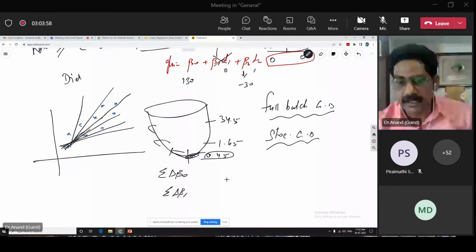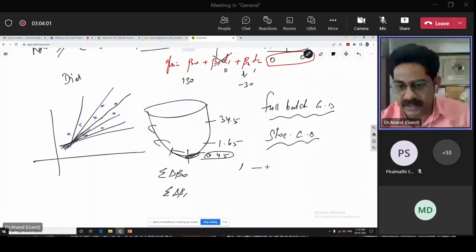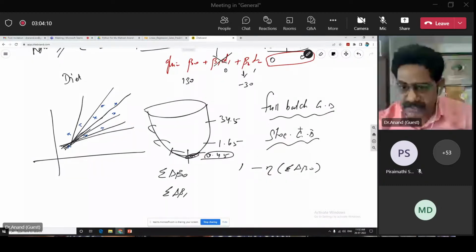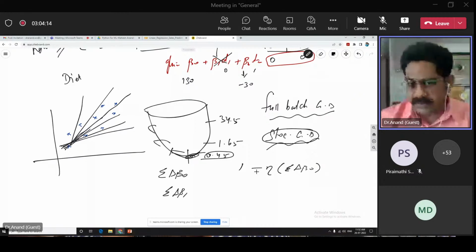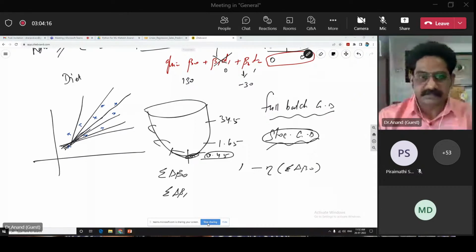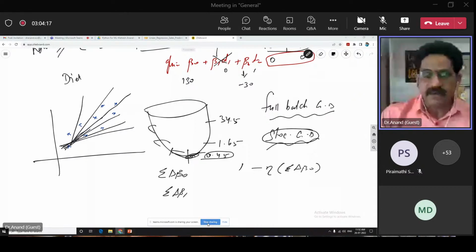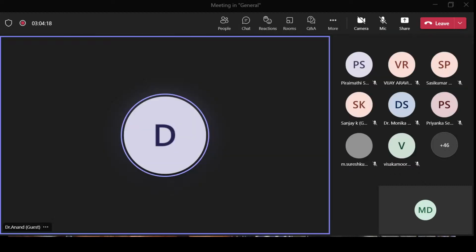My initial intercept minus learning rate times the summation of delta beta naught that we substituted. Whereas in stochastic gradient descent, you are going to substitute one single gradient value. What I mean by that is, record by record, we are going to adjust the slope and intercept. That is the difference.